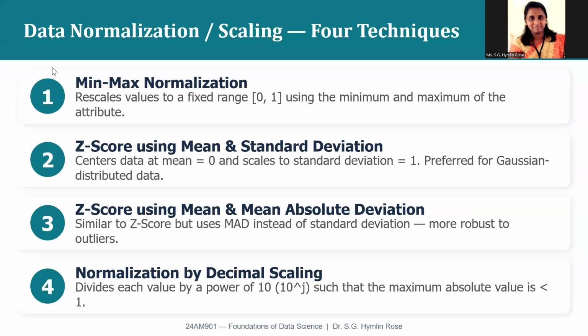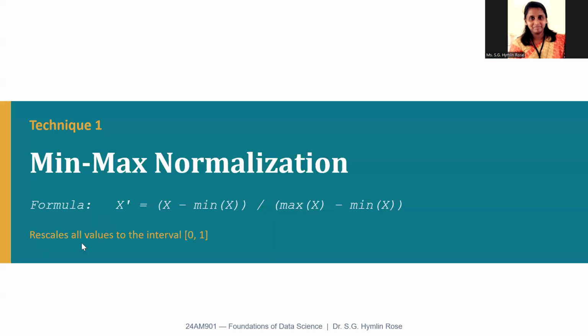The four normalization techniques are: min-max normalization, Z-score using mean and standard deviation, Z-score using mean and mean absolute deviation, and normalization by decimal scaling. First is min-max normalization, with the formula I have shown here. It rescales all values to the interval 0 to 1.